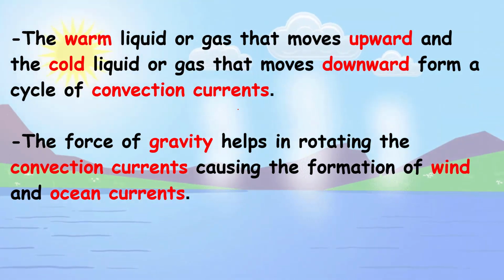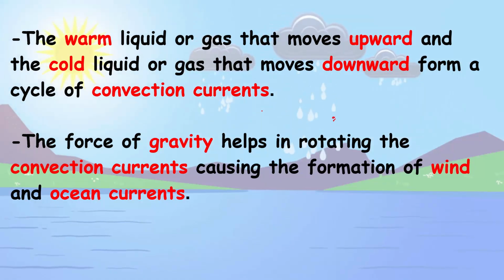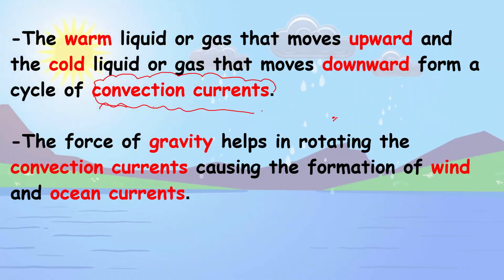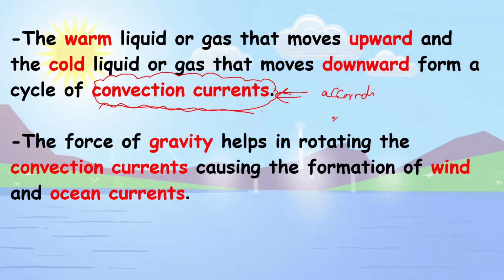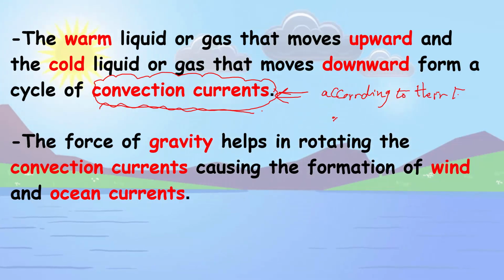Let's move on. The warm liquid or gas that moves upward here, and the cold liquid or gas that moves downward, is called a convection current. So how can we define a convection current? Can anyone tell me? It's the moving of liquid or gas upward or downward according to their temperature.